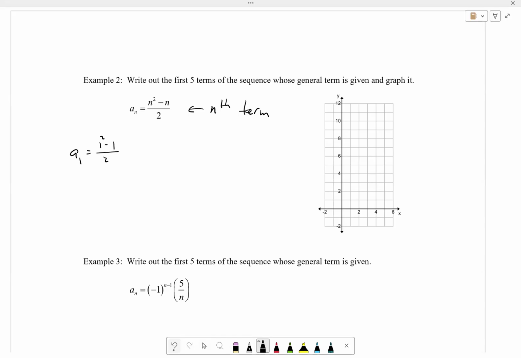In future courses you might plug in 0, but in our course, that's it. It's very, very straightforward. 0 over 2, which is of course equal to 0. A sub 2 is equal to. Do you see the one? A sub 3 is equal to.